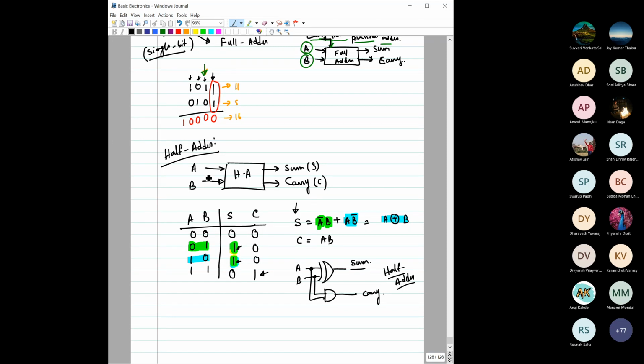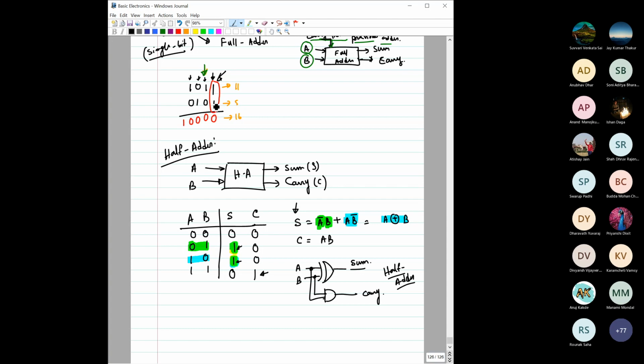No, please, this is a half adder. Half adder is being used only for the least significant bit. So here there is no carry coming from a previous adder. So you have to just add only these two bits.